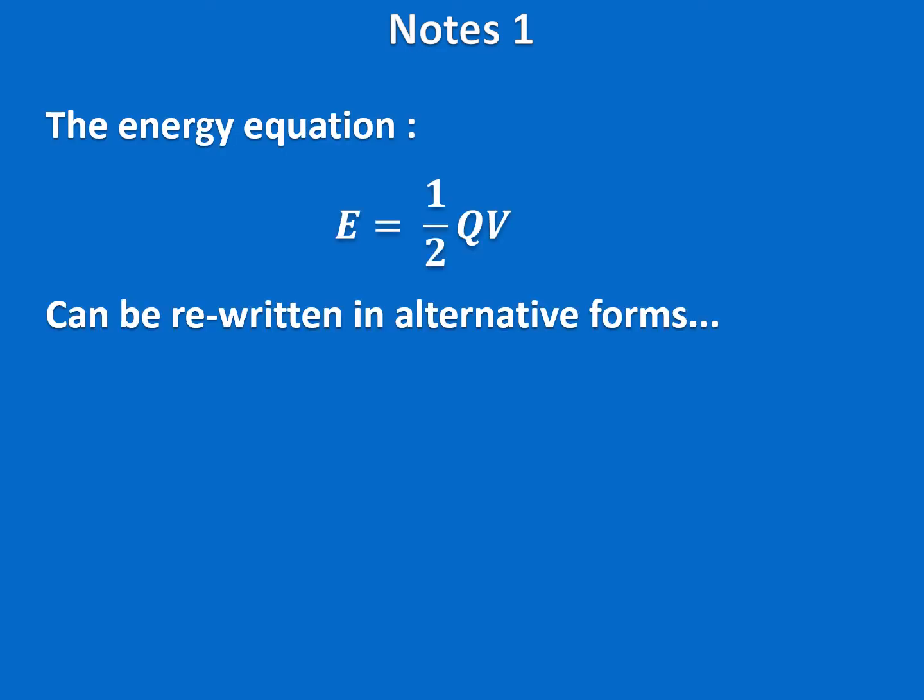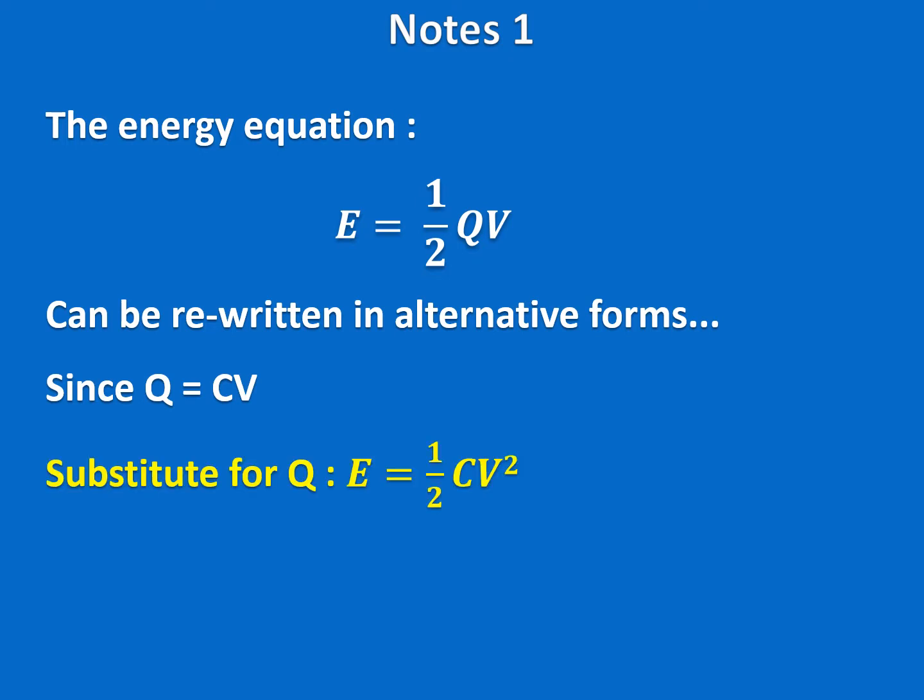Substituting into half QV, we can have one expression as the energy is equal to half CV squared. We can also express it as E is equal to half Q squared over C. So depending on what you have in a particular problem will determine which form of the energy stored in a capacitor equation you will use.